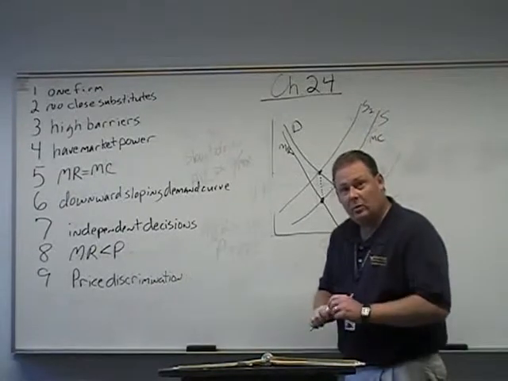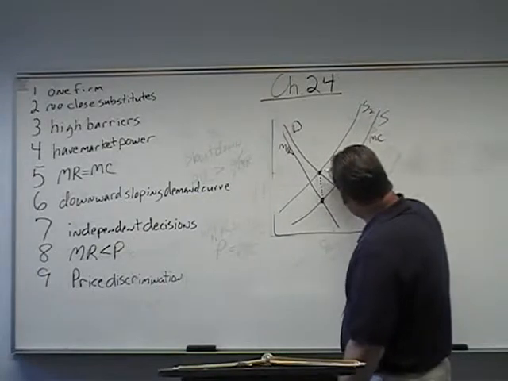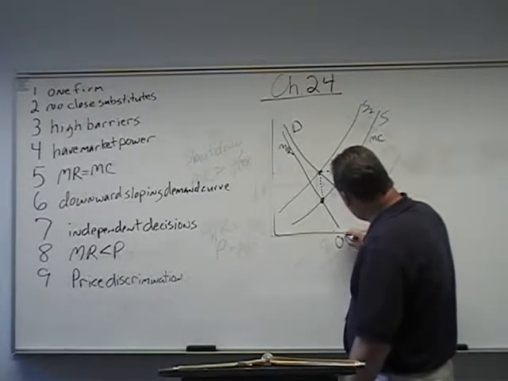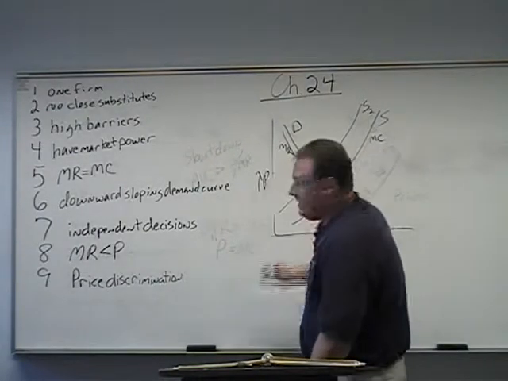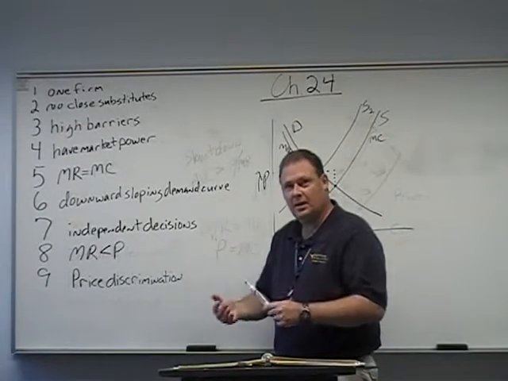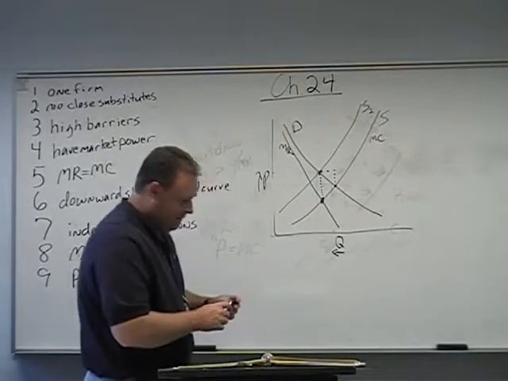The way that works, if you're looking at it from a consumer perspective, is you will see a lower output. They've reduced the quantity and effectively raised the price. That's the profit maximizing process that a monopoly will use. And that's what you'll see.